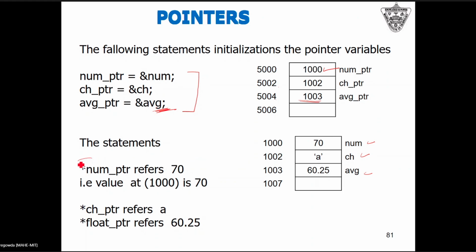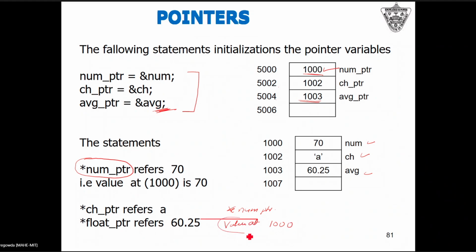Now let us look at this one. I have a statement like this. If I write *numptr, okay, star numptr, the asterisk symbol is nothing but value at. What is the numptr value? numptr is nothing but 1000.